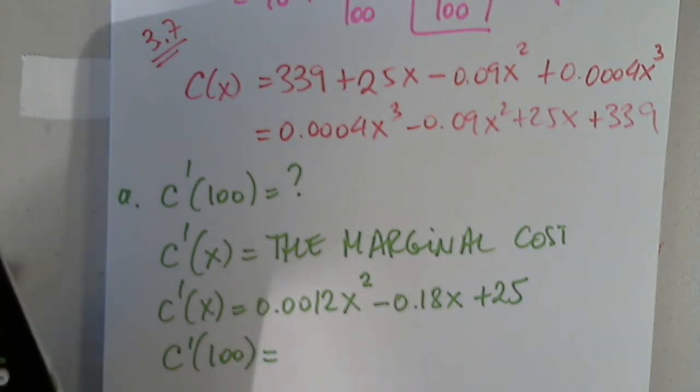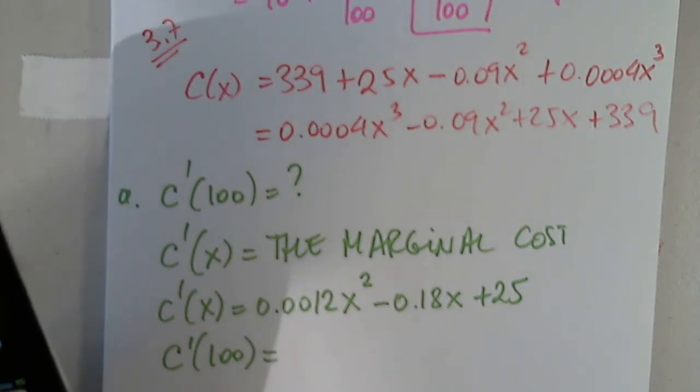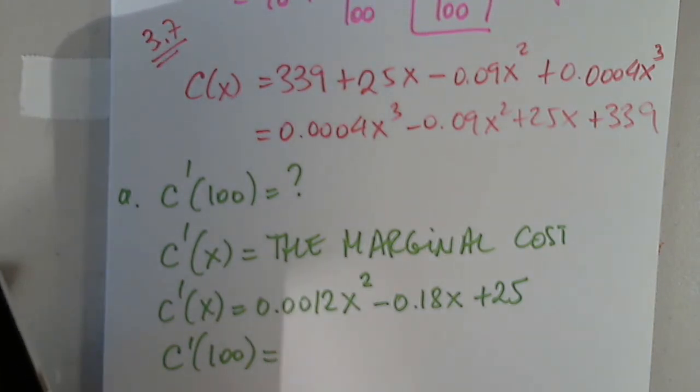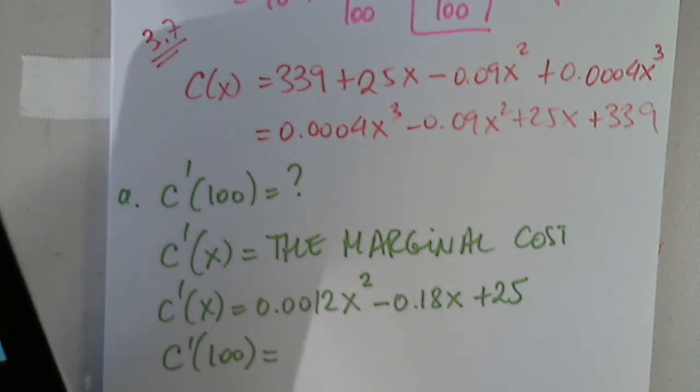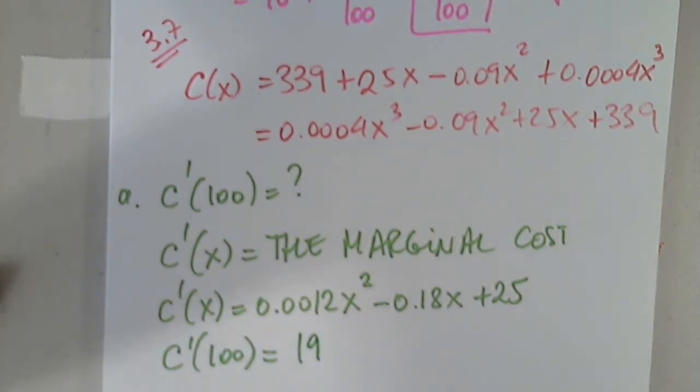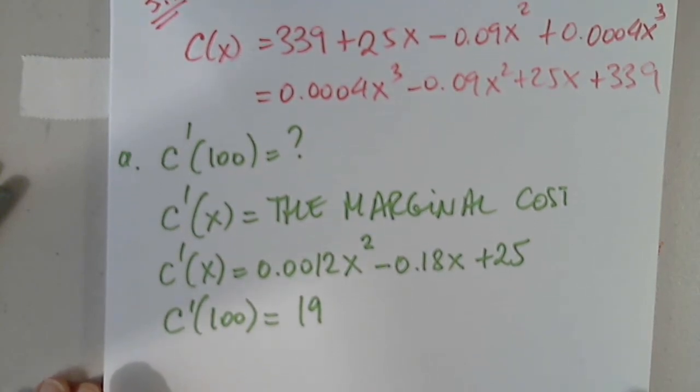Okay, so 0.0012 multiplied by 100 squared and then minus 0.18 multiplied by 100 and then plus 25 and I got 19. Measurement unit. Anyone?